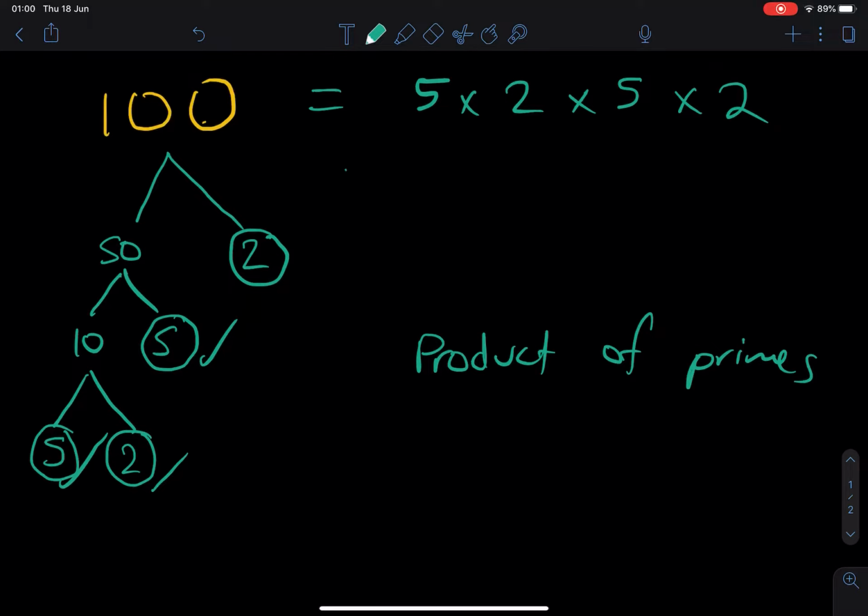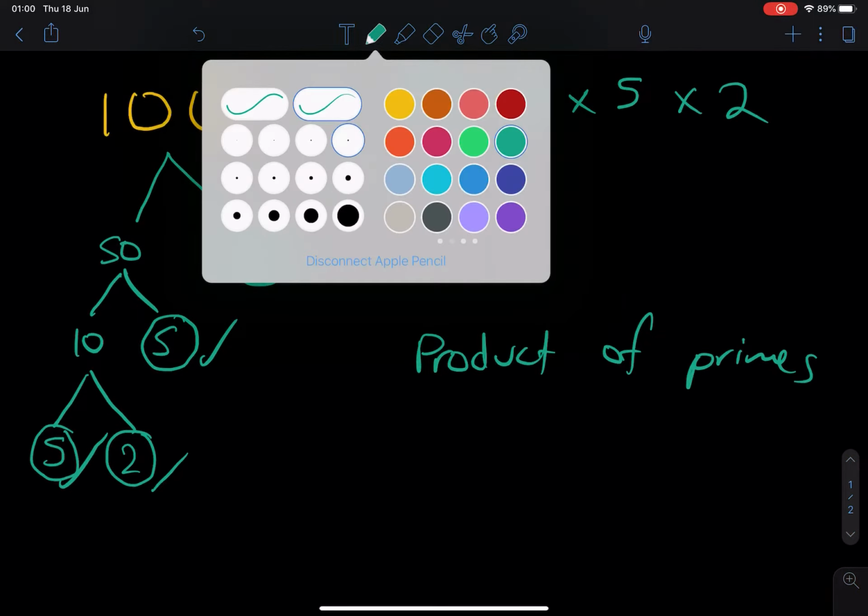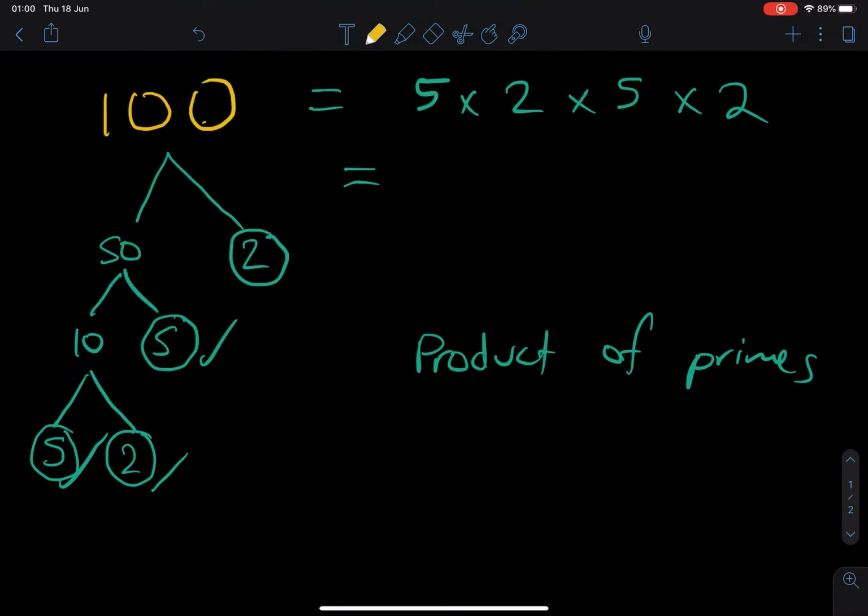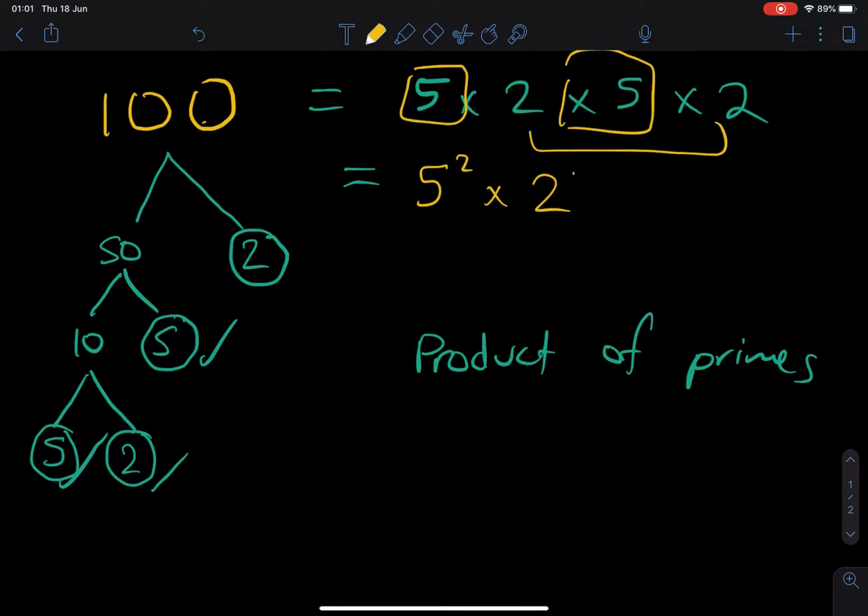Now, another way, some of you may have realized this already, is that we can write 5 times 2 times 5 times 2 as 5 times 5, which is 5 squared, and 2 times 2, which is 2 squared. Because you're multiplying them together, I can just say 5 squared times 2 squared is the same as 100.